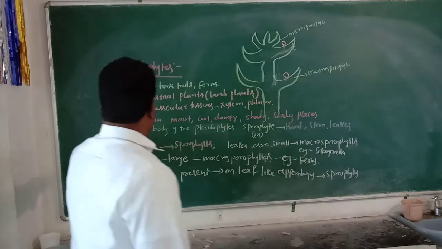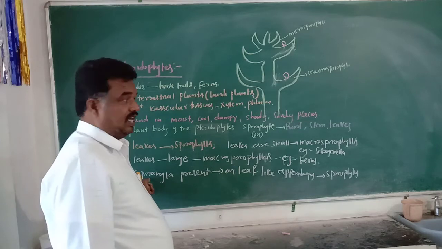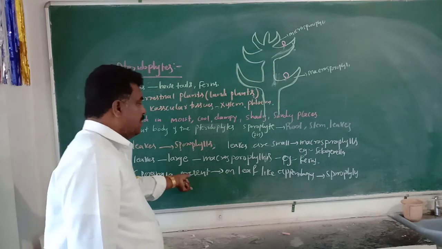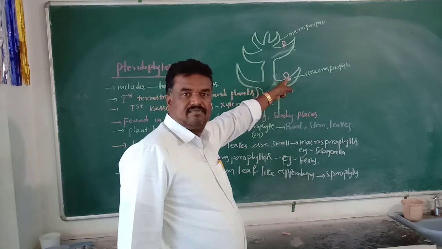So why is the pteridophyte plant body called sporophyte? Because of the presence of sporangia on leaf-like appendages called sporophylls.